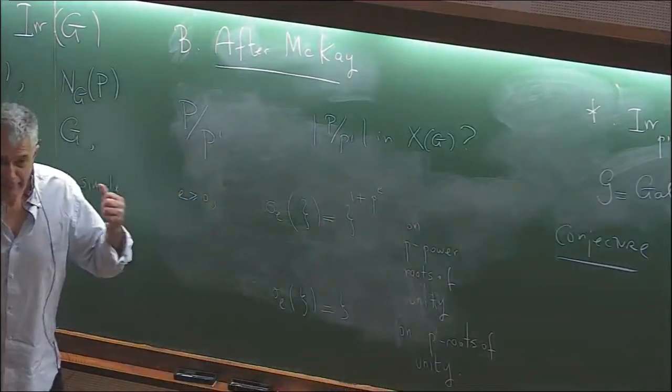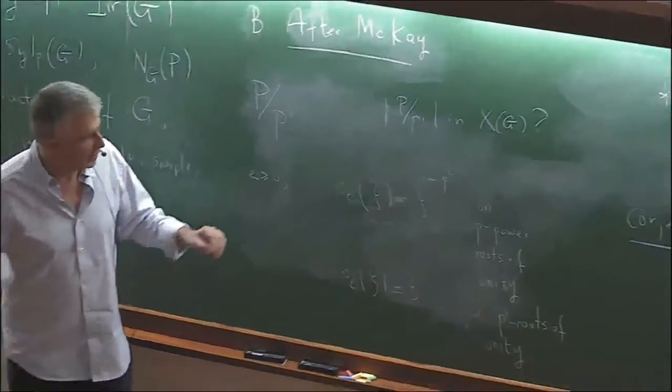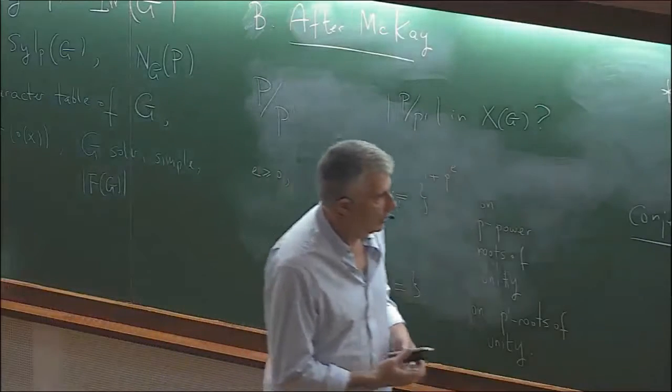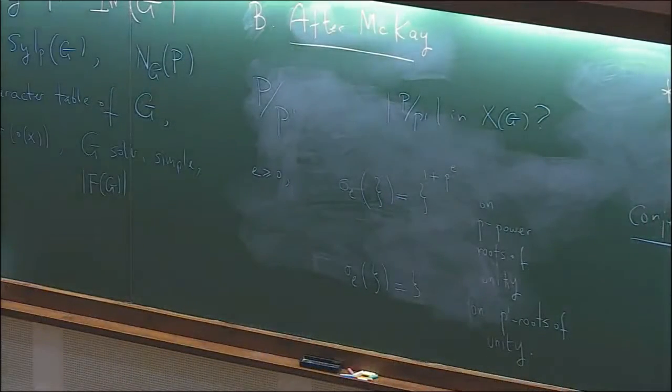This is one of my Galois automorphisms. Doing some little number theory, you can check that this automorphism fixes the prime ideals containing P. So, this sigma belongs to this group, and I can play with this sigma. In a paper with Isaacs, we realized that something was going on.